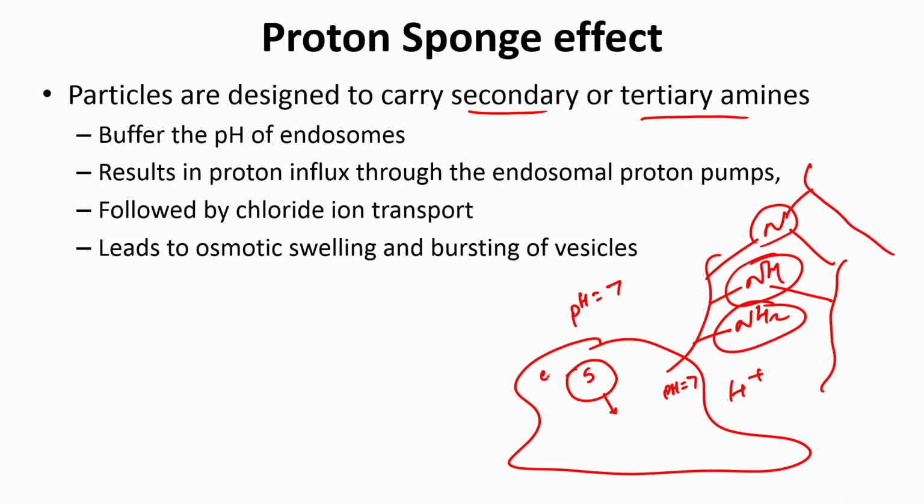So, these are early endosomes, and when these mature they turn into lysosomes, where the pH can drop down to 2 to 3. So, the pH goes from 7 to 5 to 2 to 3.